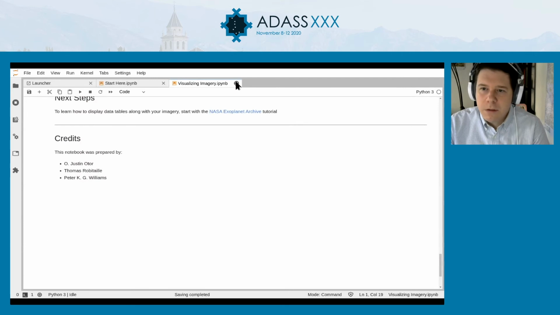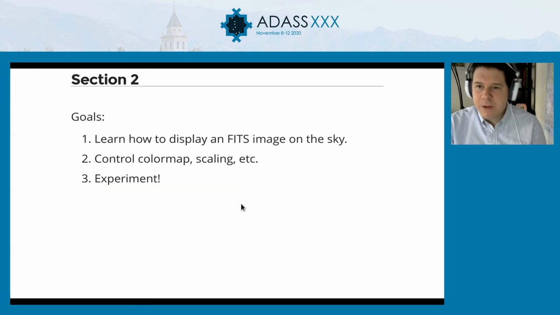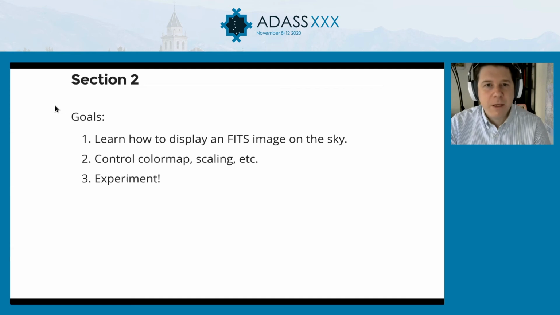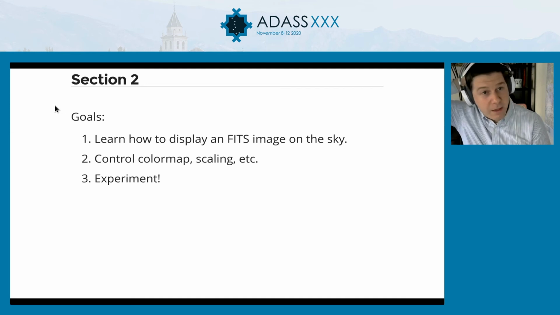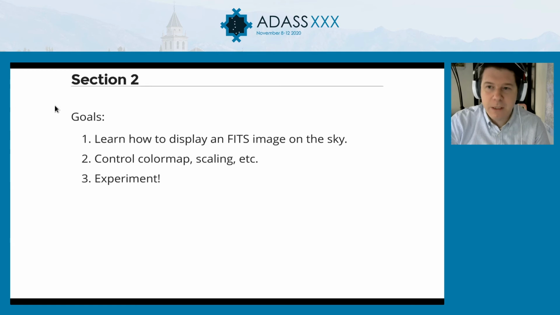So I'll close out this notebook and flip back to my slides briefly. So we looked at displaying FITS images, and I would certainly encourage you, if you've got a FITS file on your machine, again, it can't be too big, but you can upload it to this JupyterLab instance and try and get it into WWT.